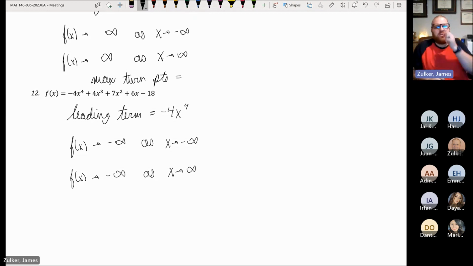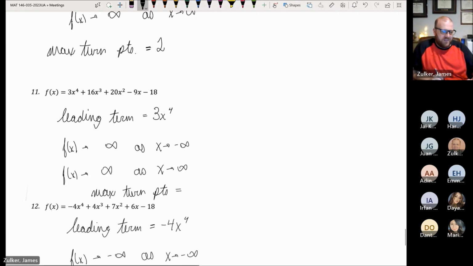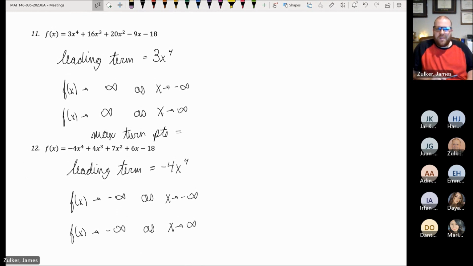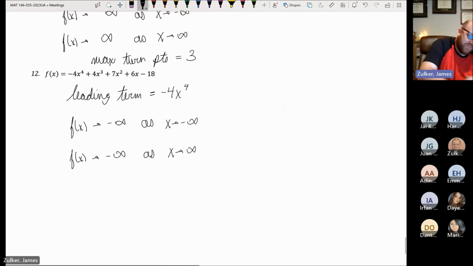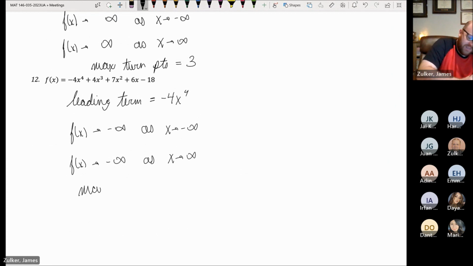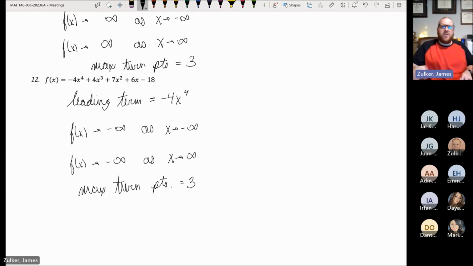I forgot to do the maximum turning points on the last one. How many maximum turning points can we have for that previous one? And then what about for this new one? And it's the same. Degree is 4, so 4 minus 1 is 3.